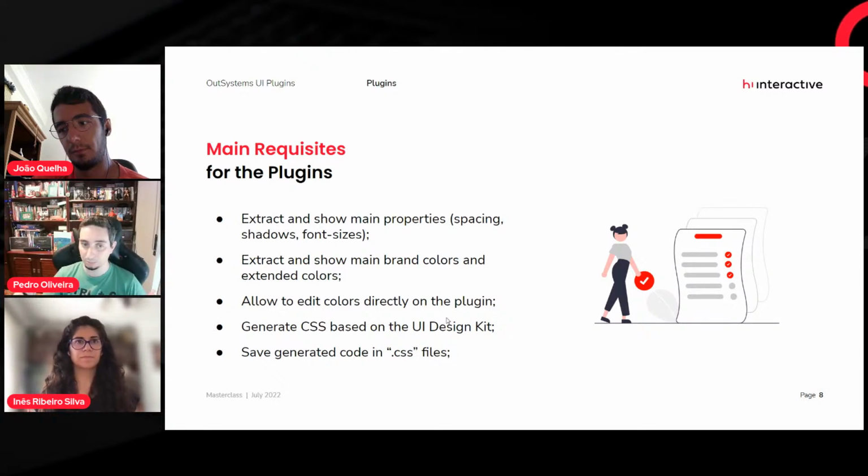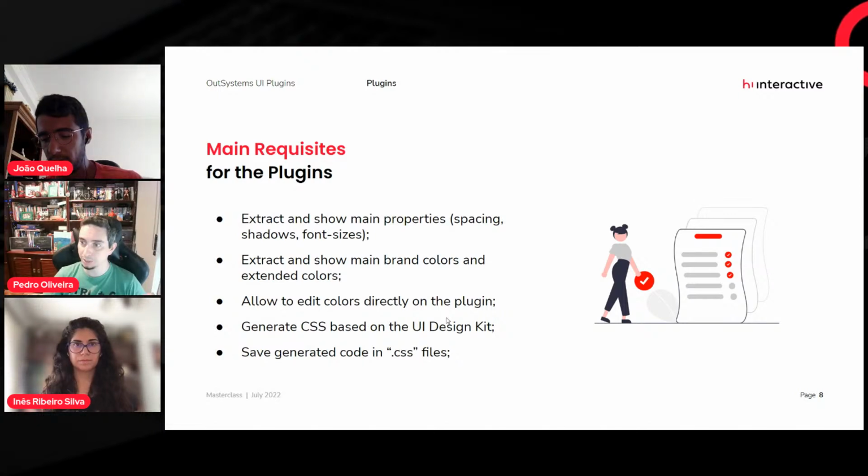We wanted to show the brand colors and extended colors all in the same place, so we can grab everything and generate CSS that can be used right away in a project and applied to a theme in the project.